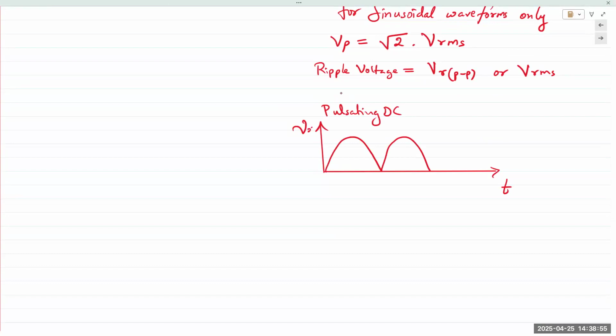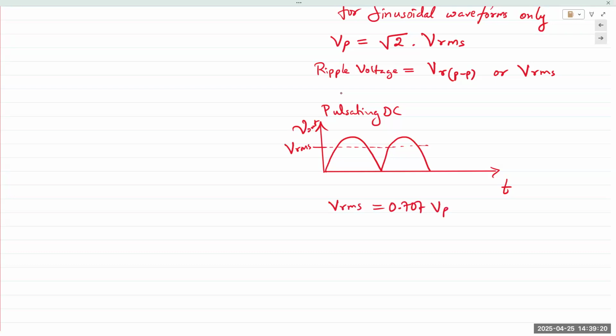So V out, if you took the RMS values, they would be here, VRMS. Okay, VRMS is VP divided by √2. So VRMS is 0.707 VP.